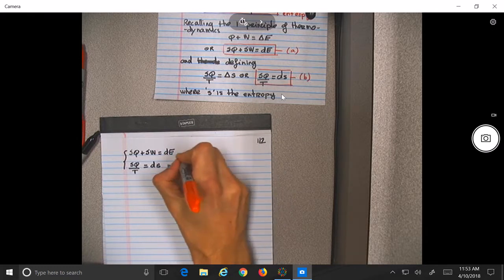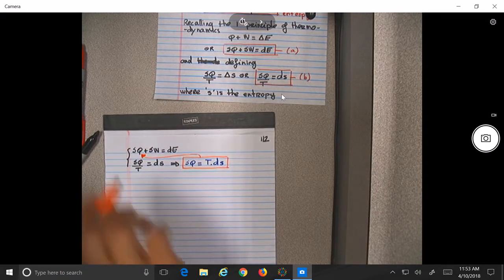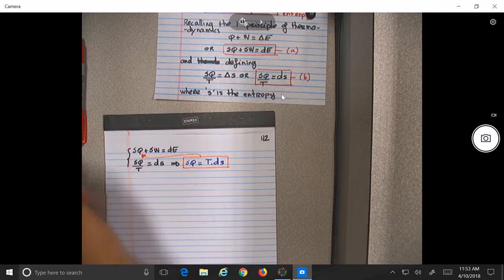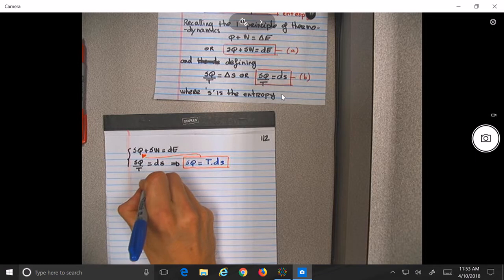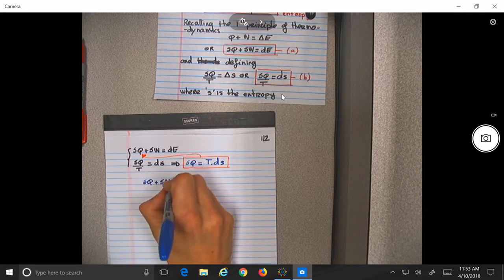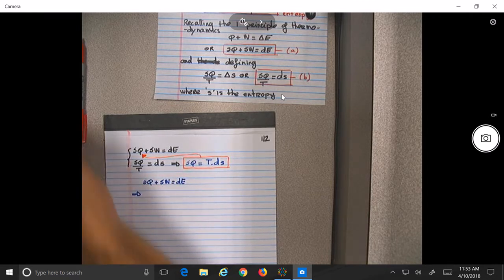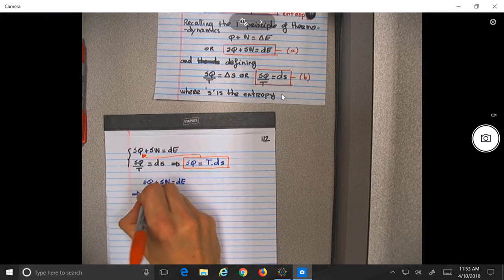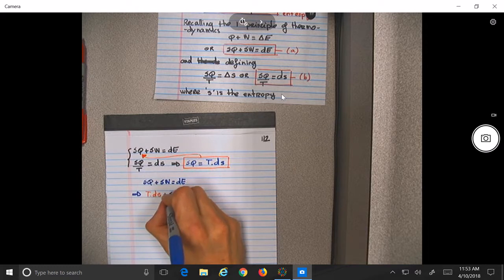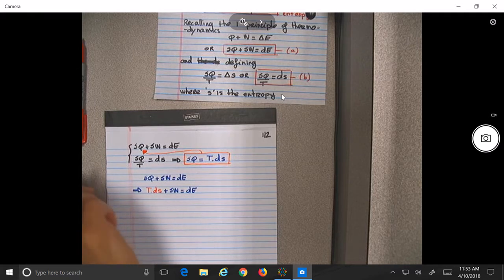If we go and substitute this one over here, generally I don't like to do those arrows, but for once we're going to have what? Delta Q plus delta W equal dE becomes T dS plus change in work equal to the change in energy.